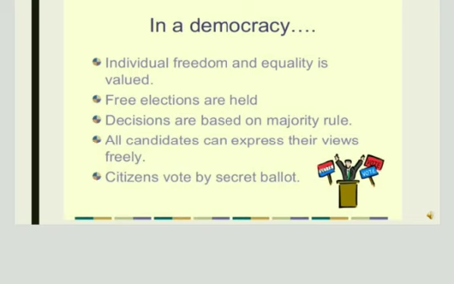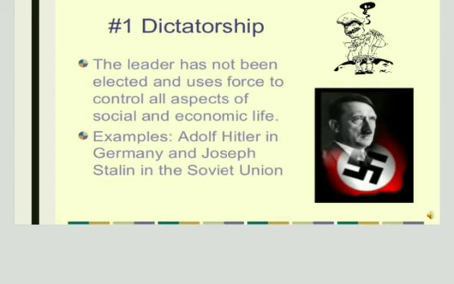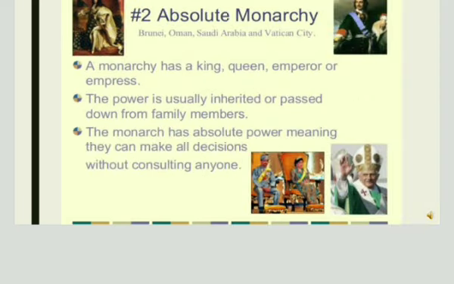There are free and fair elections, and people voted with the help of a secret ballot earlier, but nowadays we are using electronic voting machines. Now I'll discuss dictatorship. Adolf Hitler of Germany had whole power to rule all the social and economic life of the people of that region.